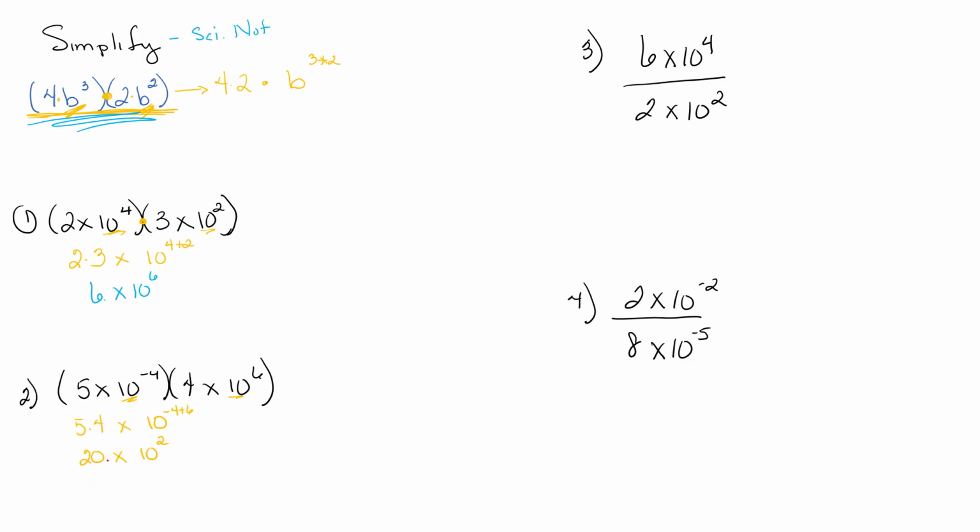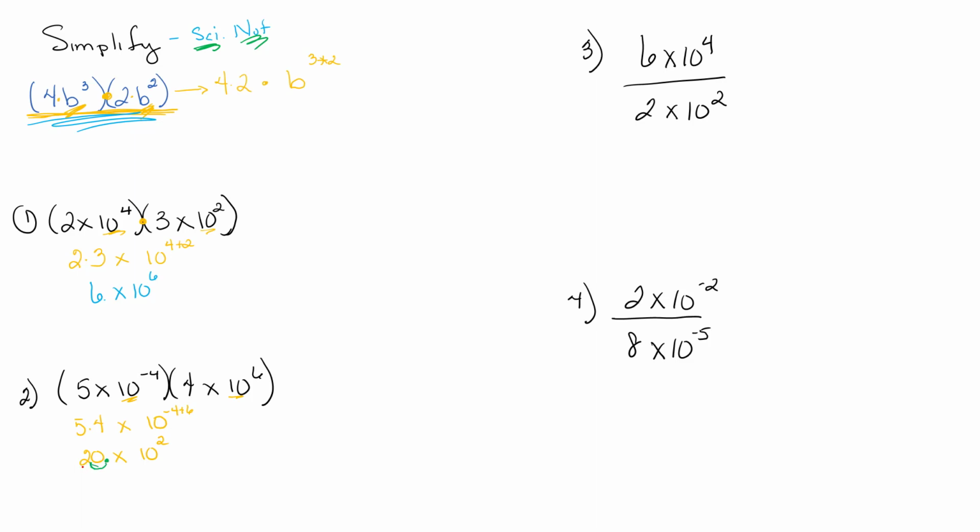Well, my decimal point on the 20 is there to the right of the 0. And I've got two numbers to the left of the decimal point. Scientific notation says only one number to the left, which means I've got to take my decimal point and move it one place to the left.